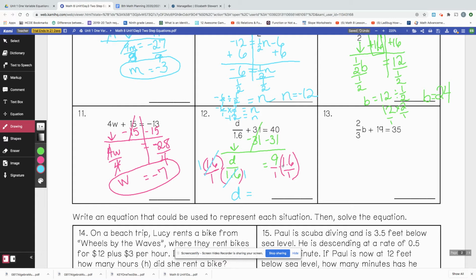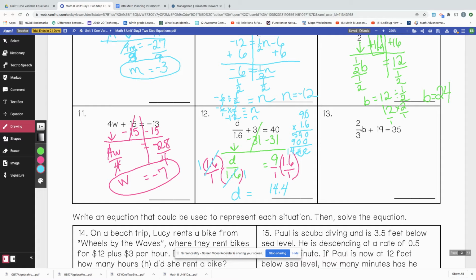Then I have 9 times 1.6. 9 times 1.6, 1440. 1440 can't be right. I have 2 decimal places, so I have to account for those. So d is equal to 14.4.